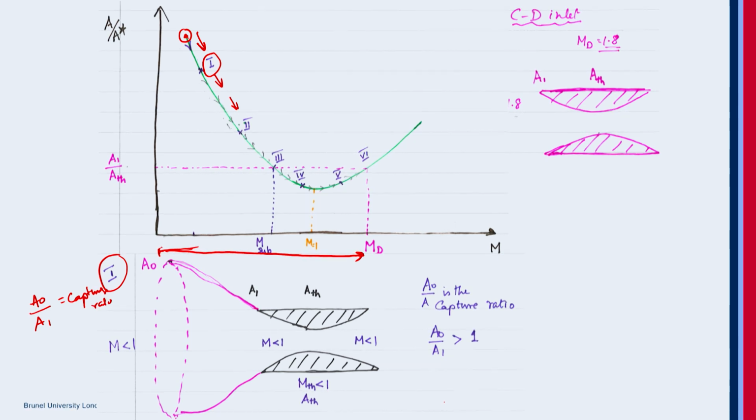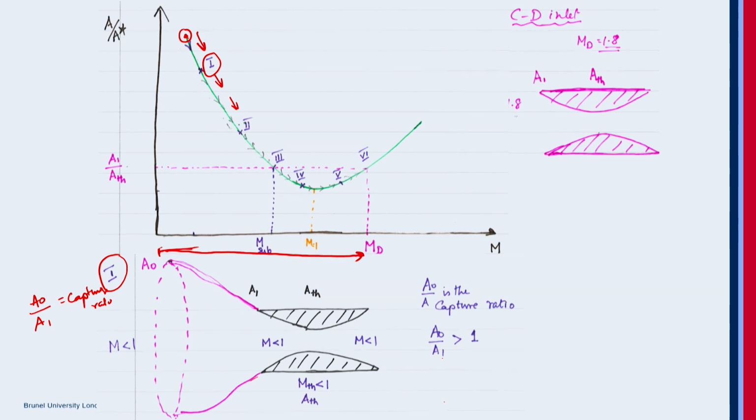These are the imaginary streamlines depicting the flow lines that you see there. It is greedy, it wants more air. The capture ratio, A naught by A1. A naught is the unperturbed free stream, A1 is the inlet lip of the aircraft. A naught by A1 is greater than 1.